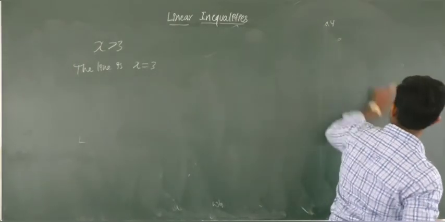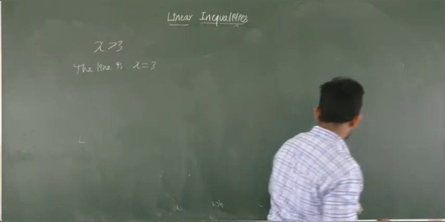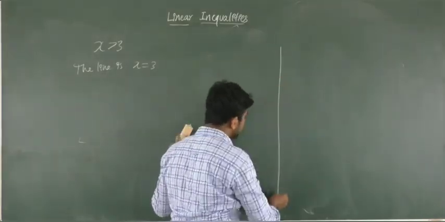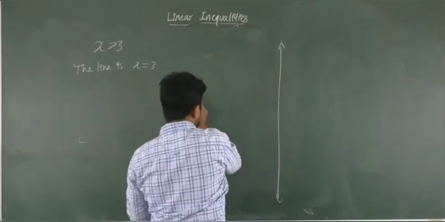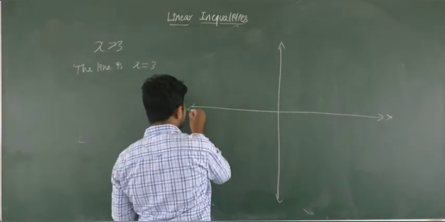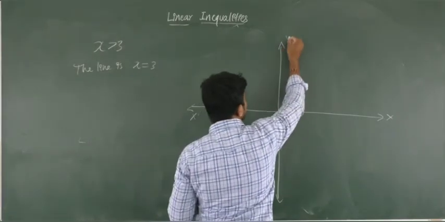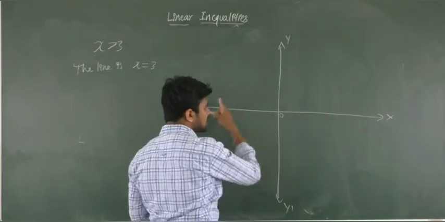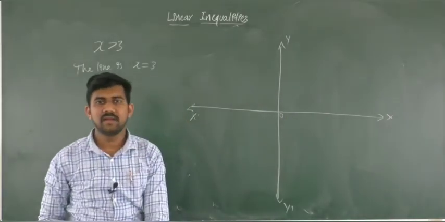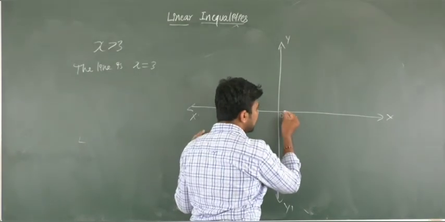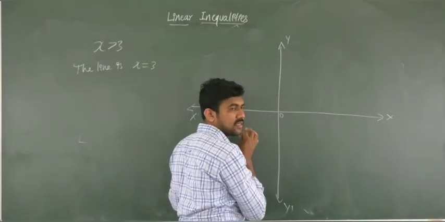Remember, for that you should know some basics of the Cartesian plane. If you consider a Cartesian plane, you have two axes, x-axis and y-axis. This is the x-axis and this is the y-axis. Now, what is the equation of the x-axis?